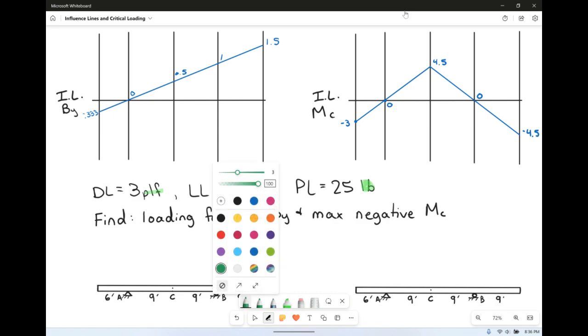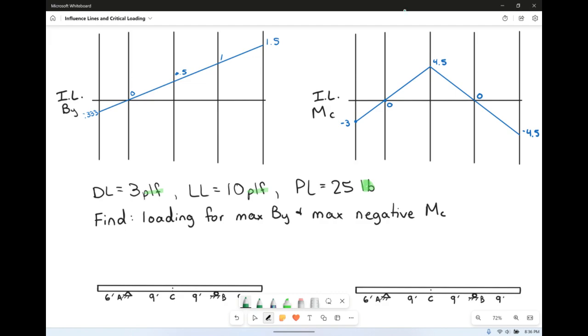So to start with the dead load, we really don't get a choice. The dead load is mostly the self-weight of the beam, so it is going to act across the entire beam. We really don't get a choice. So this is our dead load. As far as the live load goes, we can choose where we want to place it.